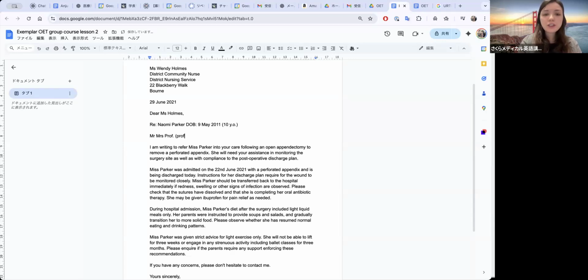That is because Professor ends with an R, right? Whereas Mr. ends with an R and it's abbreviated MR. That's why you don't put a dot after it in British English. Whereas Professor ends in an R, but in the shortened form, it ends with an F. That's why you put a dot after it for British English.